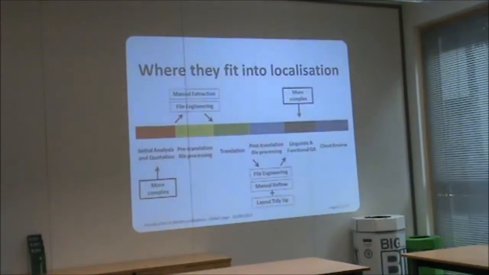Afterwards you'll have the same, more file engineering to put it back in again, or manual reflow, plus the extra layout tidy up to make it look good. You'll also find with projects like this that the quote stage and the QA is more complex than normal, because the quote is going to take longer to compile, there's more processes involved.